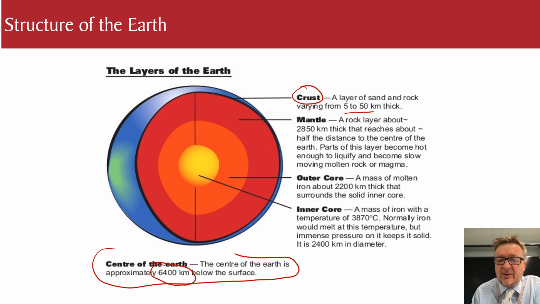Five kilometres to 6,400, big difference. The mantle is a molten rock layer. The outer core is molten iron, and the inner core is a solid mass of iron, and it's solid because it is under so much pressure, due to the amount of weight above it.